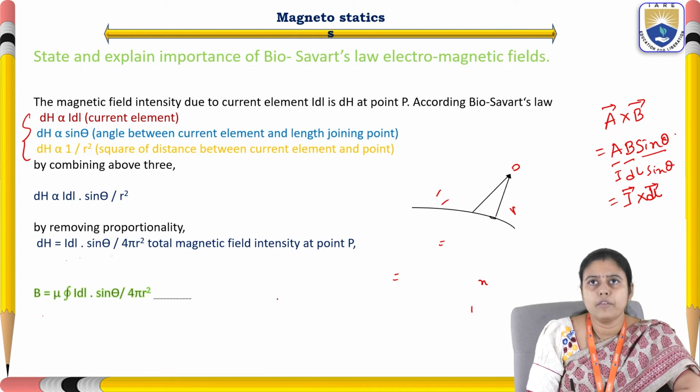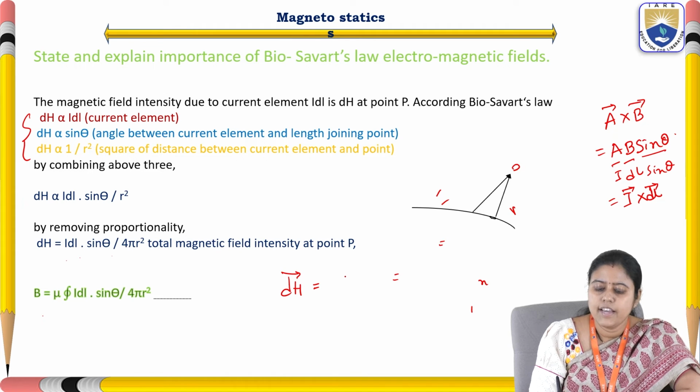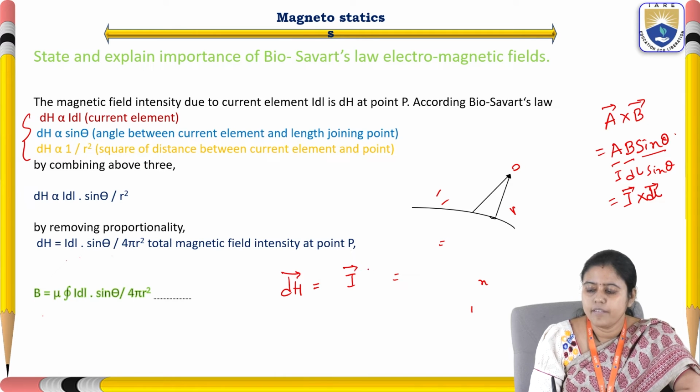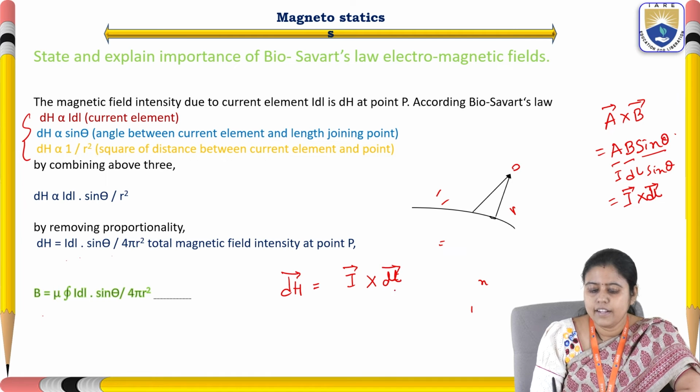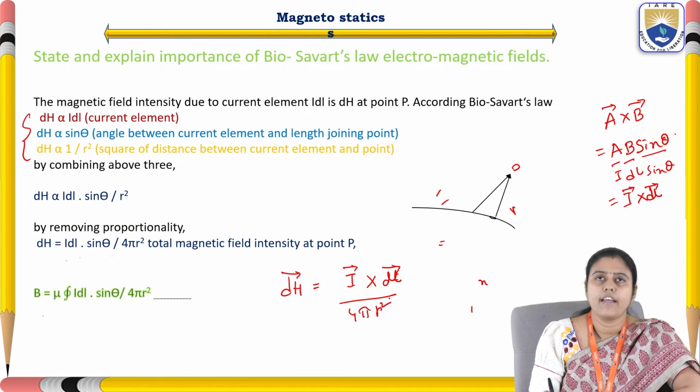So the Biot-Savart law can also be written as dH is equal to I cross dl by 4 pi r square.